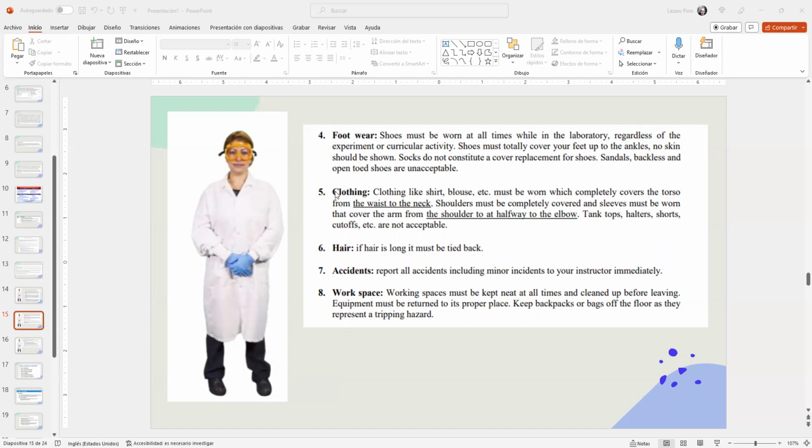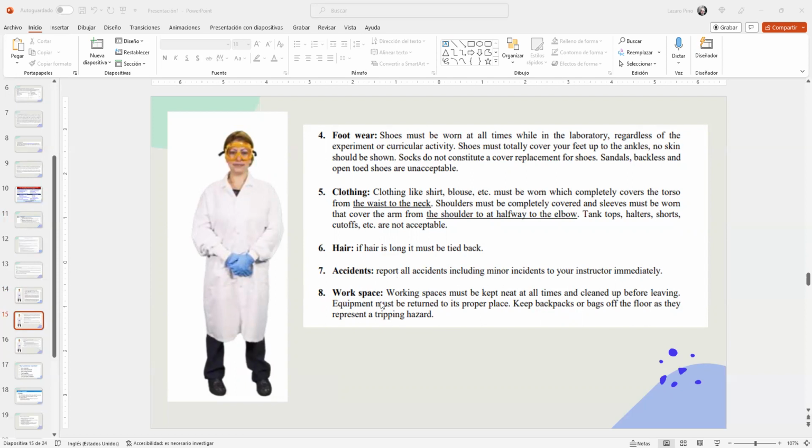Here you have to protect your skin as much as possible, and it's good for you to wear a lab coat. The hair is supposed to be tied back. And if you have an accident, report it immediately, even though it's a minor accident.